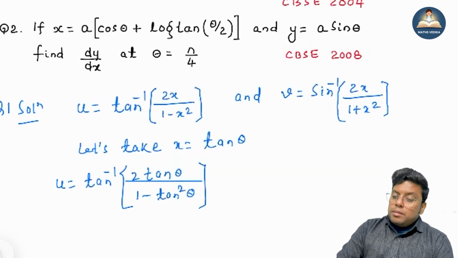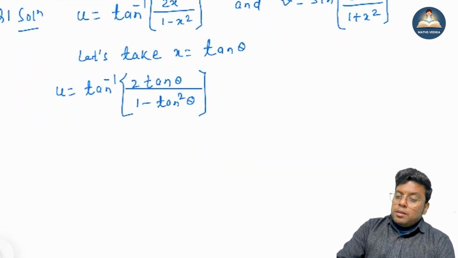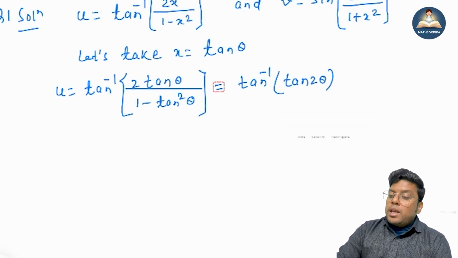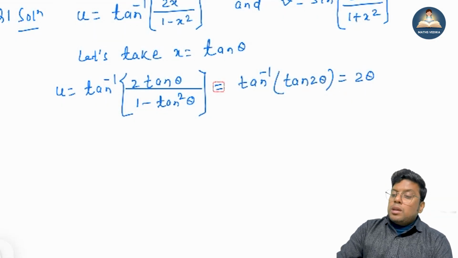So this will become tan inverse, this is the formula of tan 2 theta, so this will become tan 2 theta. So tan inverse tan 2 theta is equal to 2 theta.